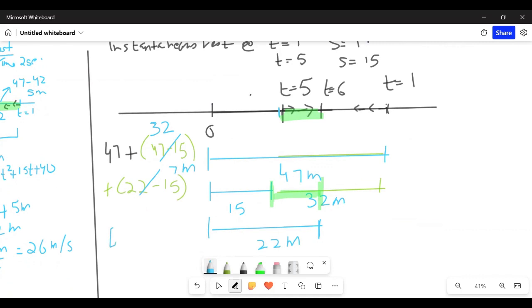So then the total distance covered is first 47 meters towards the right, then plus 32 meters towards the left, then again 7 meters towards the right, which gives 47 plus 32 plus 7, 86 meters.